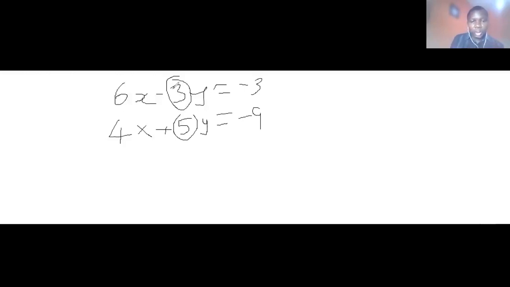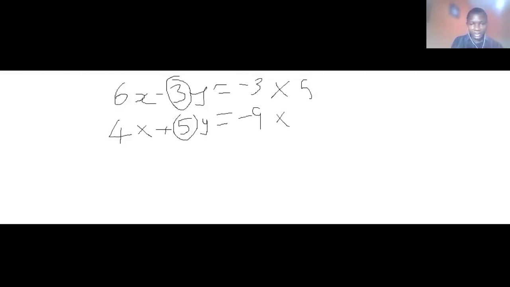If you look at this 3, I'll multiply 3 by 5, just exchange the numbers. You come below this. I've used 5 here to multiply this first equation.